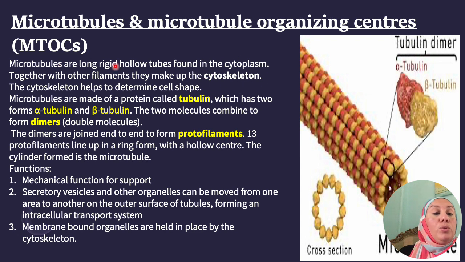So microtubules are long, rigid, hollow tubes found in the cytoplasm, and they are made together with other filaments. They make up the cytoskeleton. The cytoskeleton helps to determine the cell shape. That would make sense now if you think about the red blood cell, and we have always referred to red blood cells in O-level biology as having a biconcave shape.